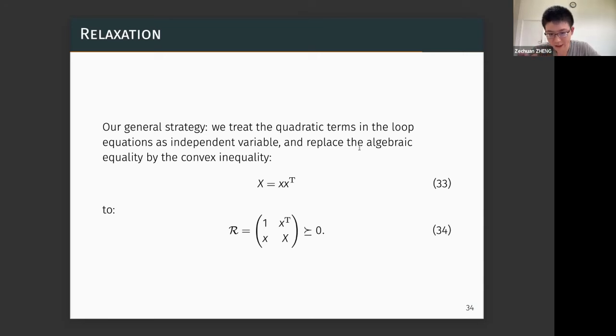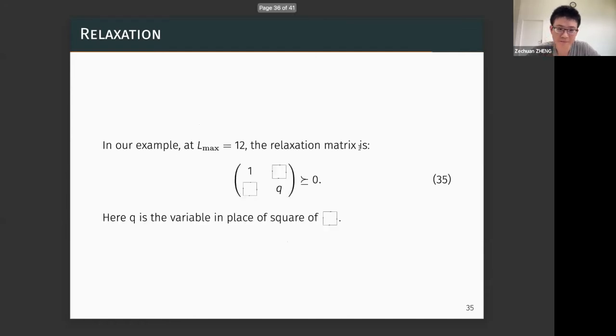Then we forget they are the quadratic terms of the Wilson loops, but they are subject to the new relaxation matrix positivity condition, that is equation 34. So we introduce some new variables, and they are subject to new positivity conditions to make the whole system convex. This is how the relaxation works.